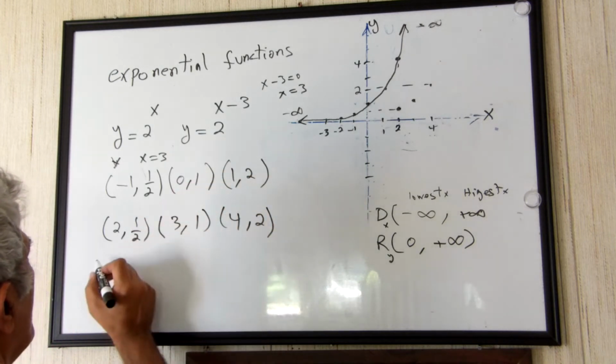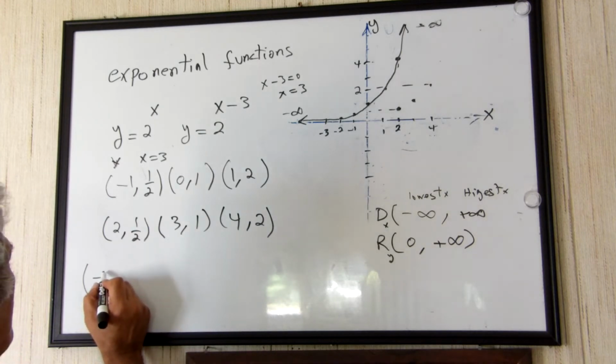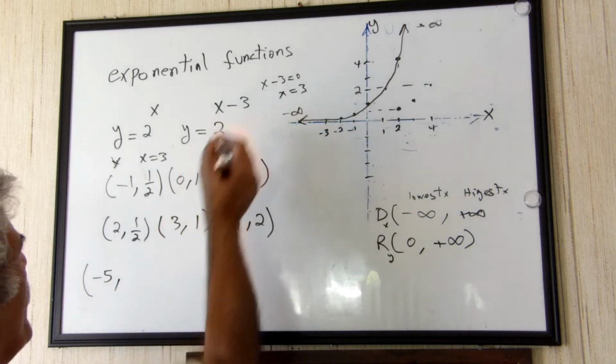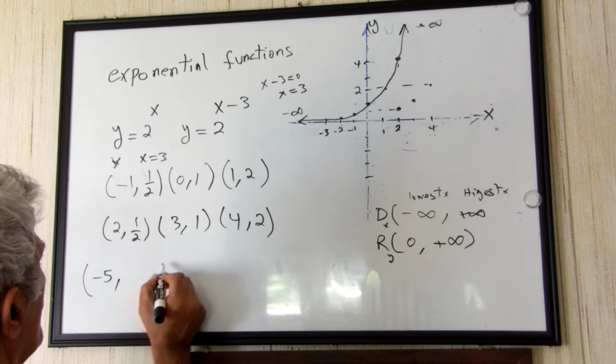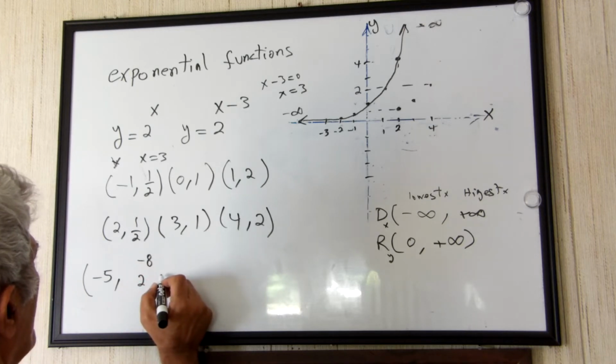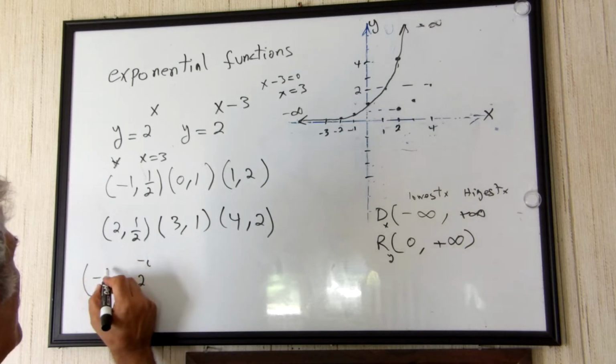For example, we find another point, minus 4, minus 5. What's going to be 5 minus 5? X is going to be 2 to the power of minus 8. That's going to be a big number. So it's going to be minus 2. Say minus 2.